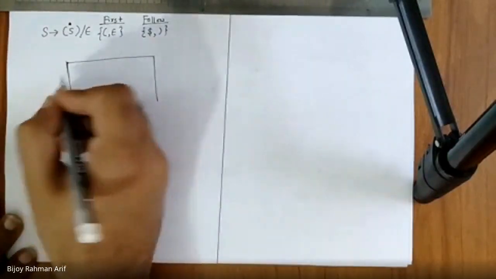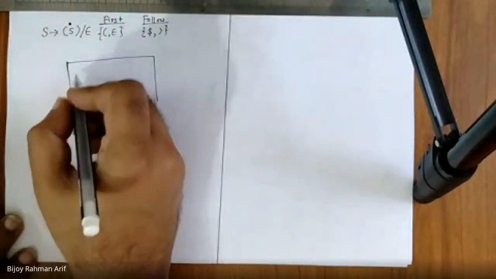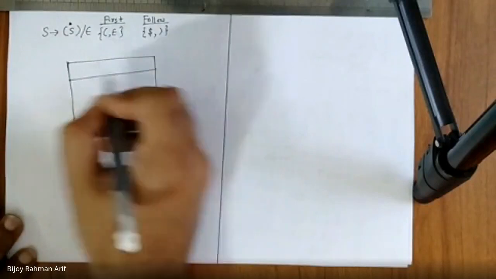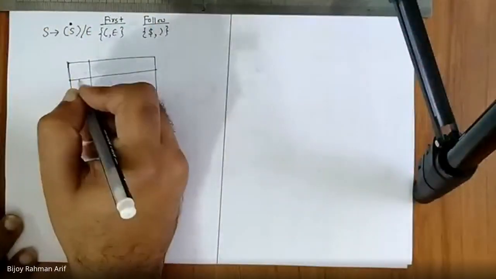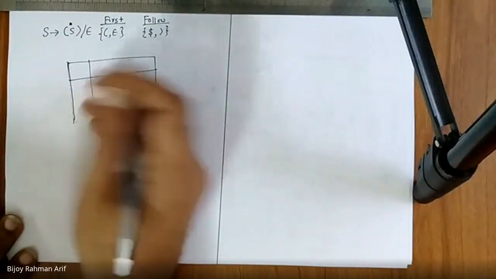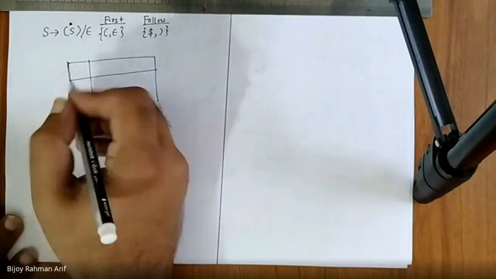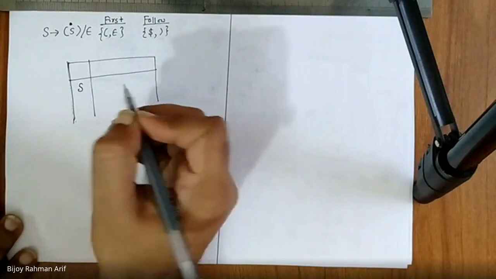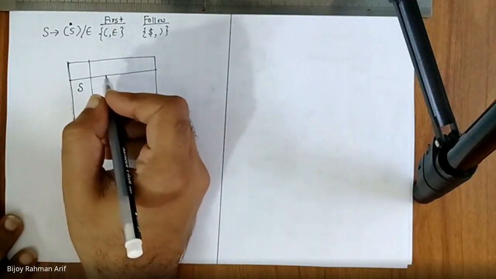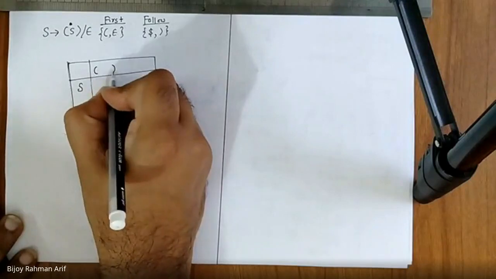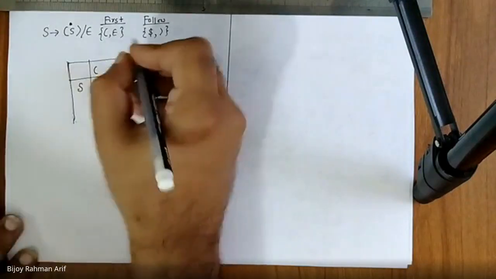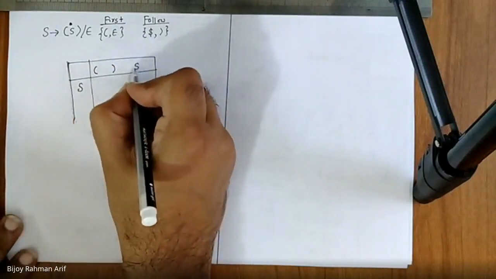On the leftmost column, I should have the variables. I have only one variable S, and how many terminals do I have? Open parenthesis, close parenthesis, and another special one that might appear, that is dollar.